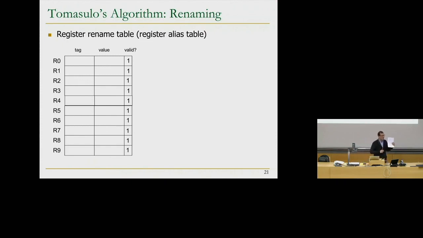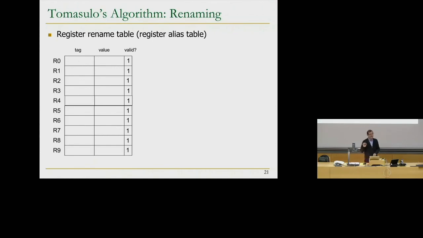This is also called the register rename table now, or register alias table, except things are a little bit in different order over here. We're going to fix that in a little bit. Basically, a register can be valid. If it's valid, you get the value out of the register alias table or register file. If it's invalid, it's going to be produced by the instruction that has a tag.